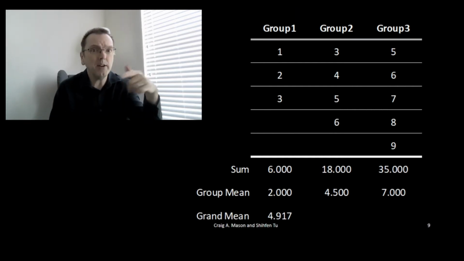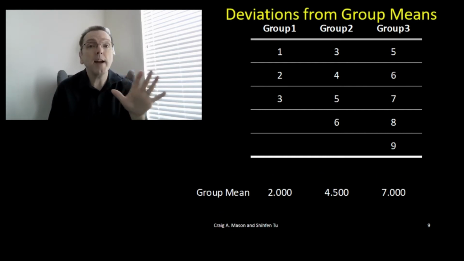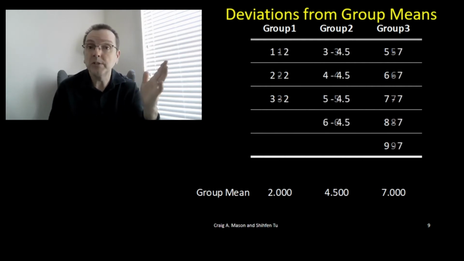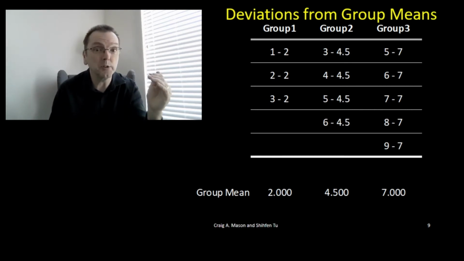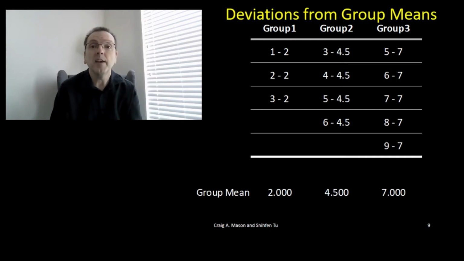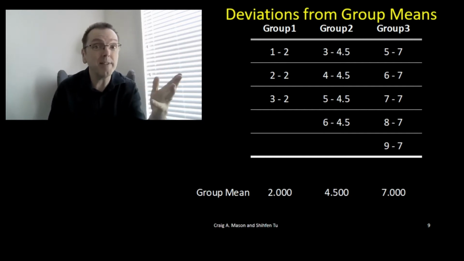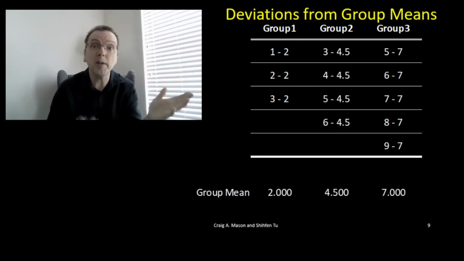We then focus back on the group means and subtract the group mean from each of the scores in that group. So we subtract 2 from every score in group 1 because 2 was the group mean for group 1. And we subtract 4.5 from all 4 scores in group 2 because 4.5 was their mean, and we're going to subtract 7 from every score in group 3 because 7 was the group mean for group 3.